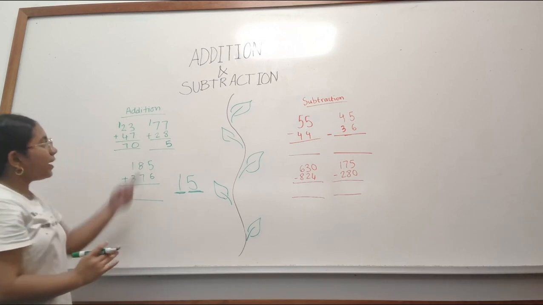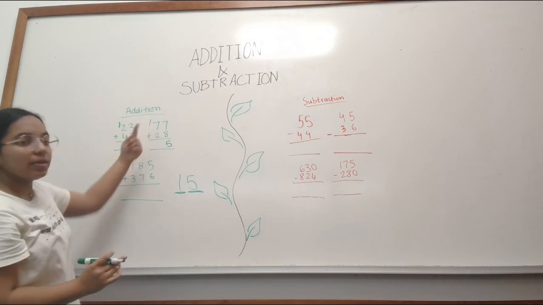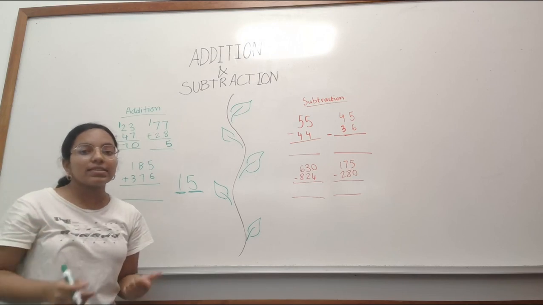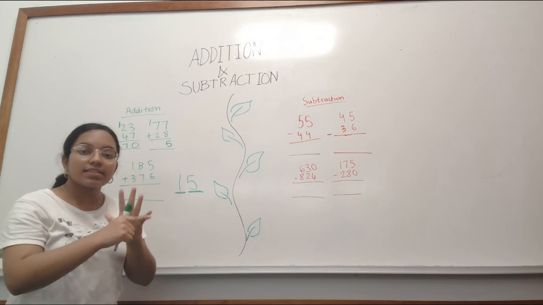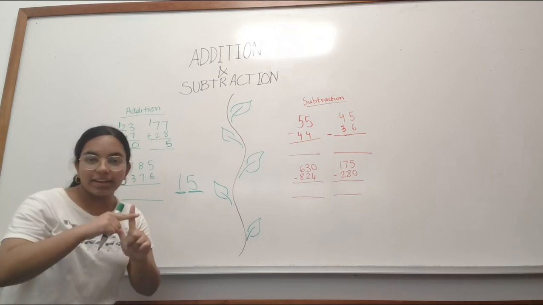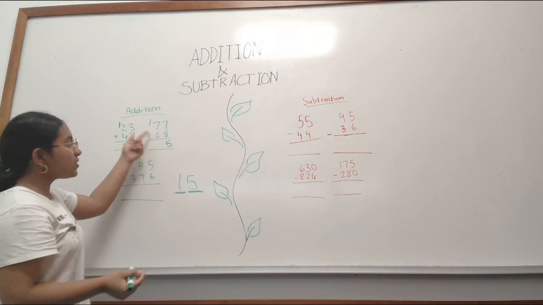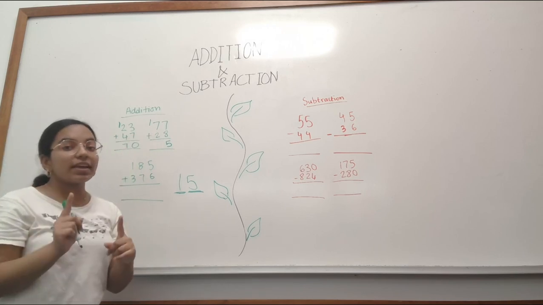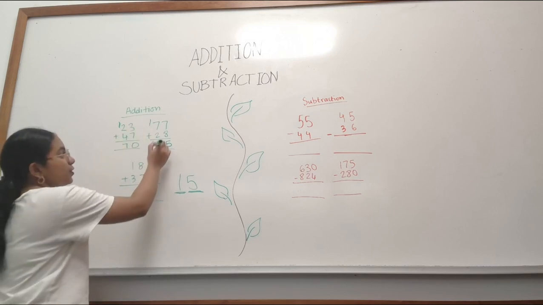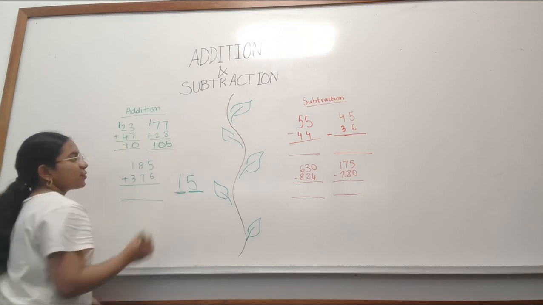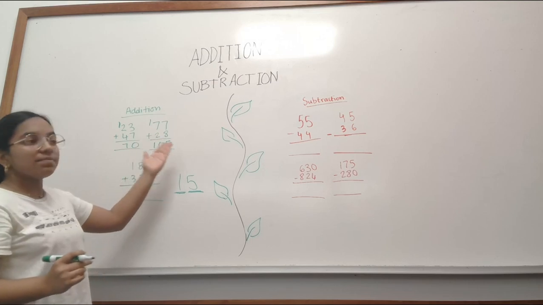Right? And now the next one is 2 plus 7. So after 2, it's 3, 4, 5, 6, 7, 8, 9, right? So 2 plus 7 is 9, and don't forget the number from before, which is 1. So it's going to be 10. So your answer is 105.